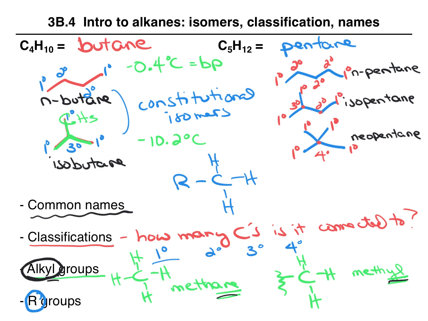I like that in the book they mention you can think of the R group as the rest of the molecule. And in some cases, we don't care about what else is in here if we are focusing on this particular carbon that is a primary carbon. So you need to become familiar with the idea of using R as an abbreviation or a shorthand for the whole rest of the molecule.